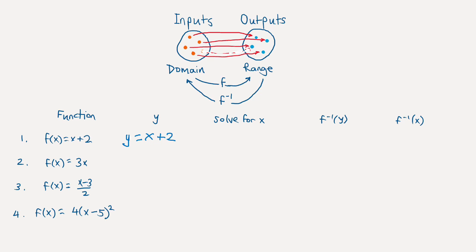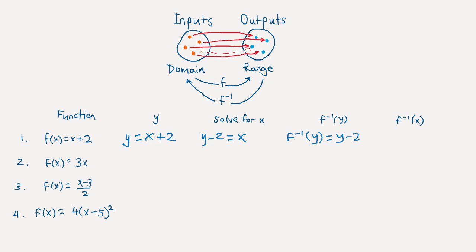If I subtract 2 from both sides, I'll have y minus 2 equals x. As soon as I've got x isolated on one side of the equation, I'll have a function of y on the other side, and that's going to be my inverse function, using y as the argument of the function.